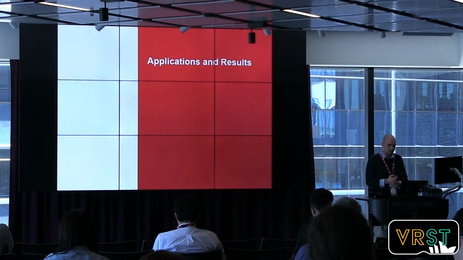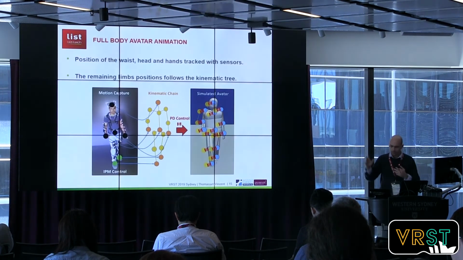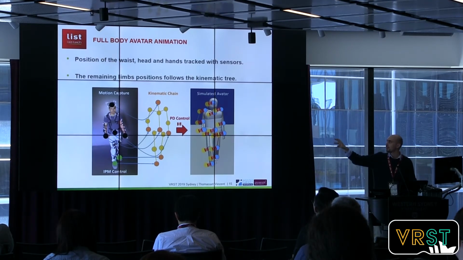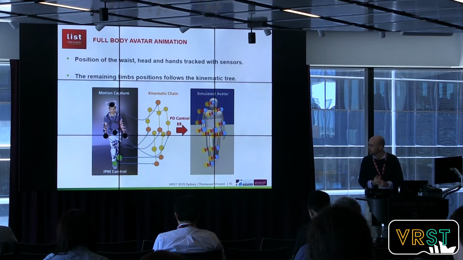So, the applications and results. Here's the first application. I have a user with full body tracked sensors. The upper body is used for the method I explained previously, and the lower body is used to qualitatively compare the results.